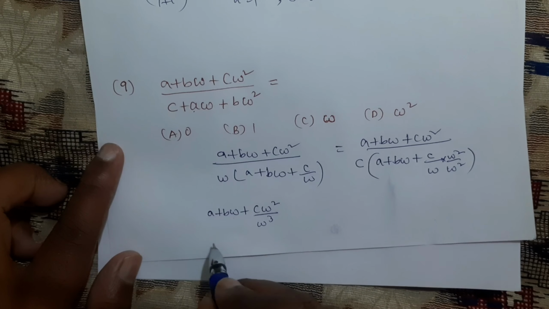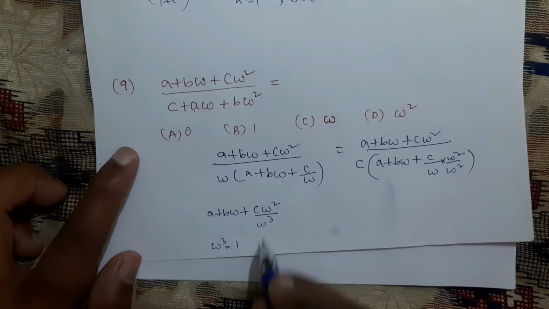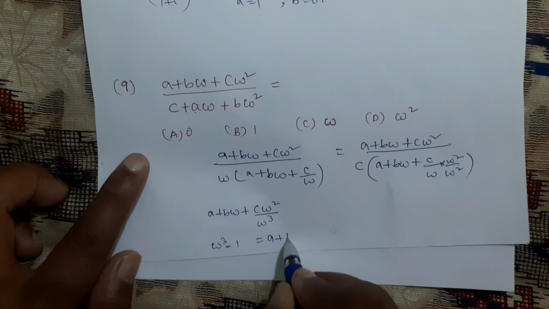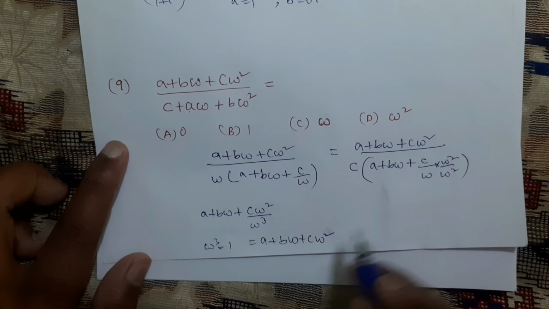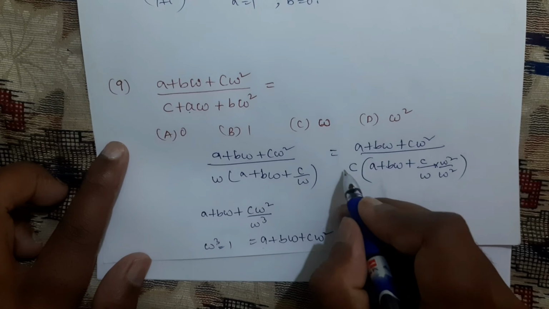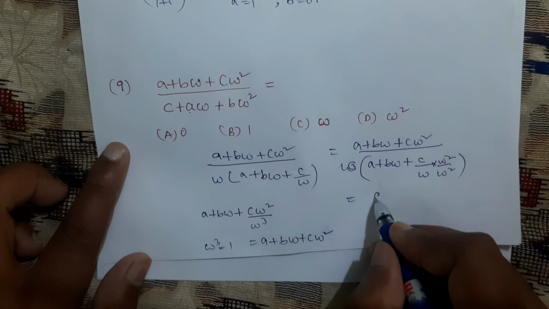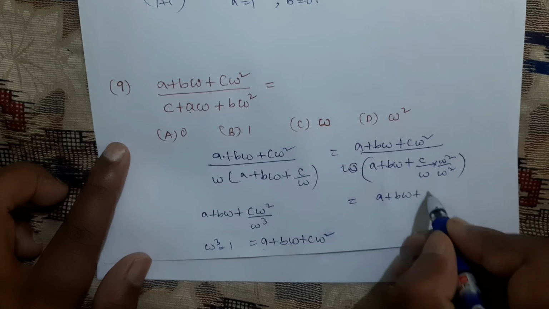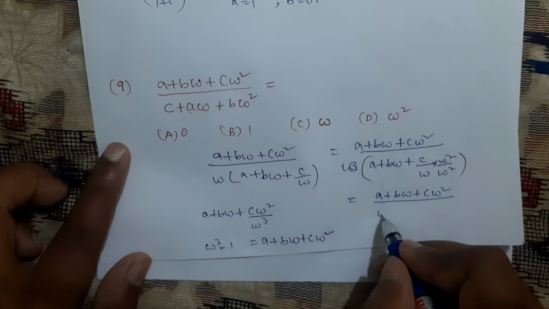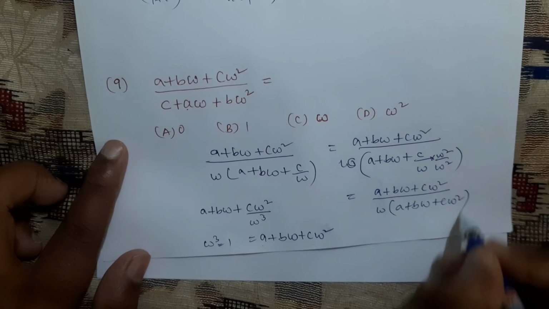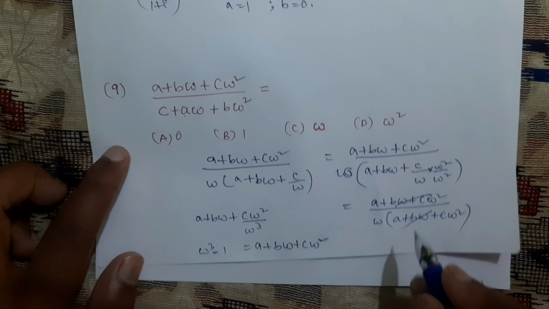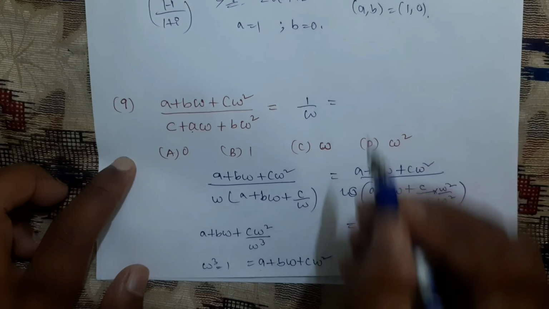As we know that omega cube is equal to 1, this one we can write as a plus b omega plus c omega square, that I am substituting here. So a plus b omega plus c omega square divided by omega will be there. Here also a plus b omega plus c omega square. These two will be cancelled. Here we will get 1 by omega.